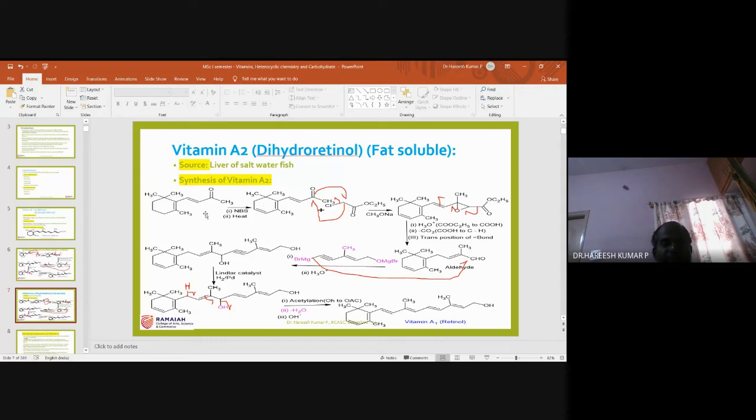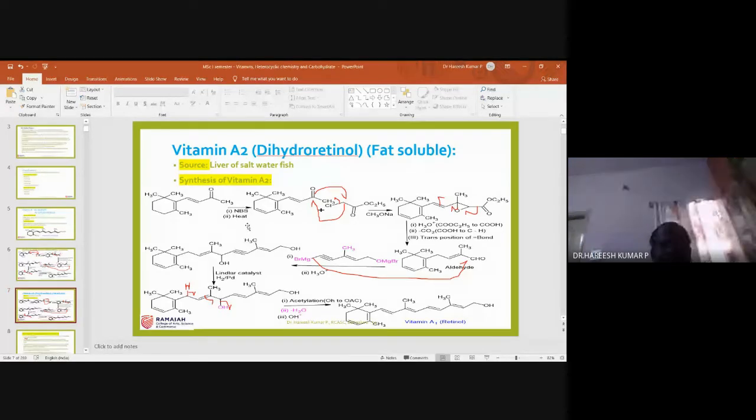In A1, beta ionone was taken, whereas in A2 beta ionone itself is taken, but it is treated with NBS followed by heating.